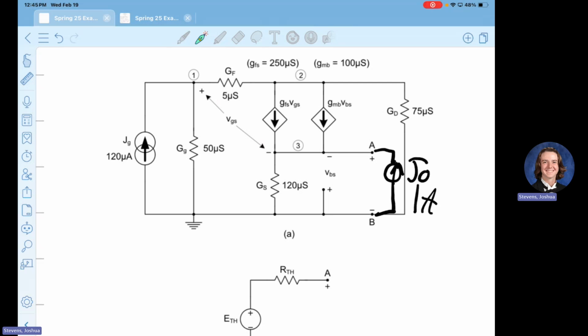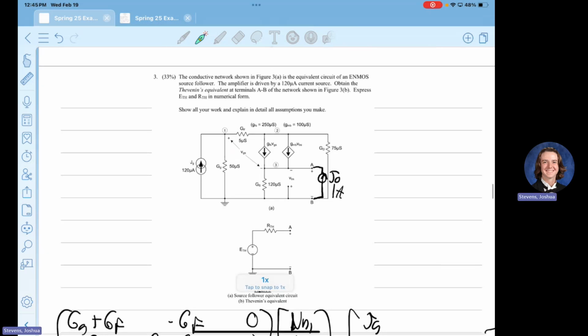If I was trying to find the voltage from positive to negative, I agree. But it's touching two parts, right? We have a positive end touching node 1, and we have a negative end touching node 3. So if we have a positive node 1, negative node 3, what do we have? Yep, that's that easy.